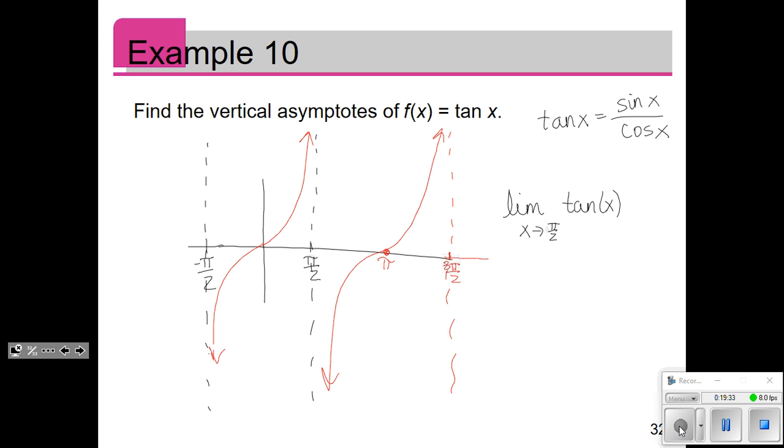In order for a limit to exist, it has to be the same approaching from the left and the right. So as x approaches pi over 2 from the left, what does it approach? Positive infinity. From the right, what does it approach? Negative infinity. So does the limit of tan x as x approaches pi over 2 exist? No, does not exist. Because again, in one direction it approaches positive infinity, the other direction it approaches negative infinity.